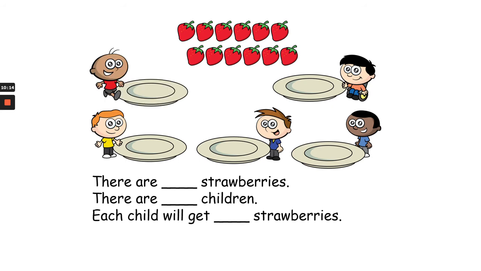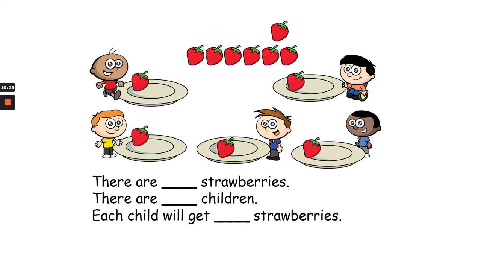So now I've got 5 children. I haven't got 4. Another child's come along. Still got the same amount of strawberries. Still got 12 strawberries. I'm going to share my strawberries out equally. Right, that is equal. Everyone has got 1 strawberry. Have I got enough to carry on sharing? I have. So let's keep going.